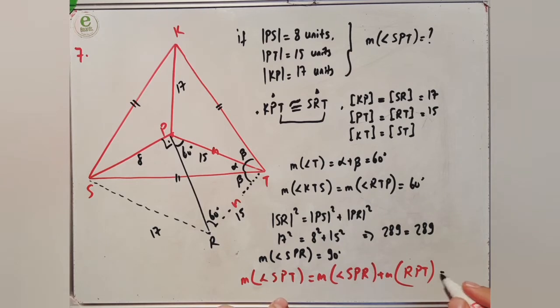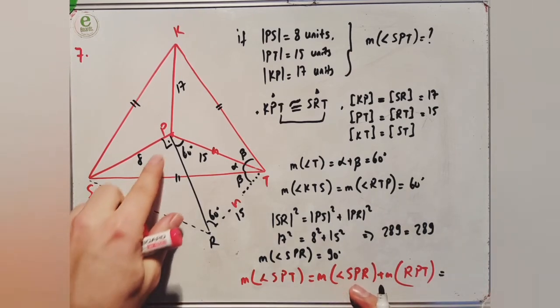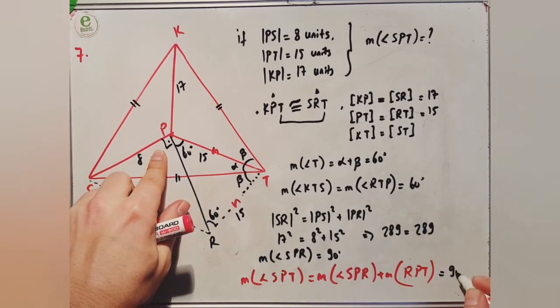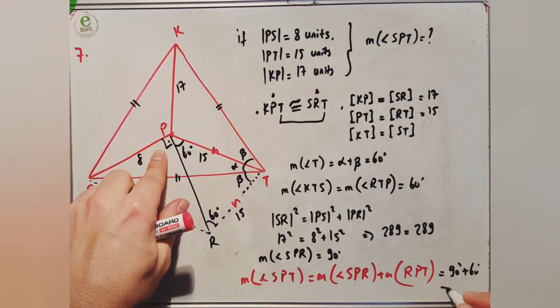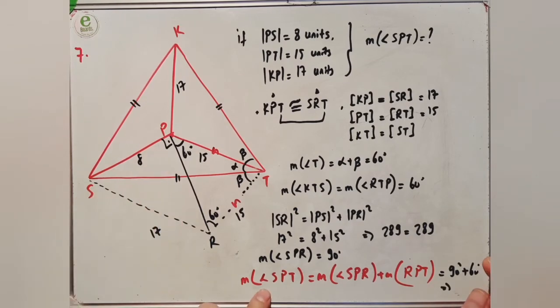So SPR is 90 degrees plus 60 degrees. So the measure of angle SPT will be 150 degrees.